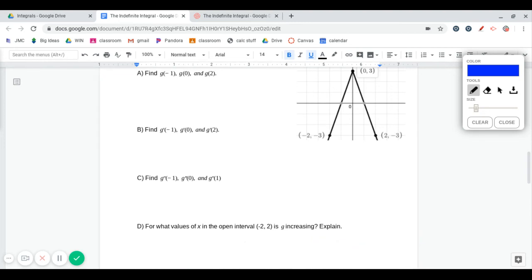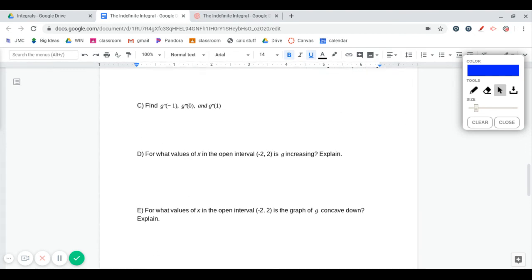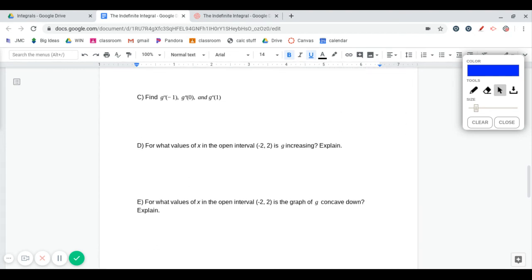And our next one, our last problem: for what values in this interval, -2 to 2, is the graph of g concave down? Remember that concavity deals with when the second derivative is positive or negative. Concave down is when the second derivative is negative.